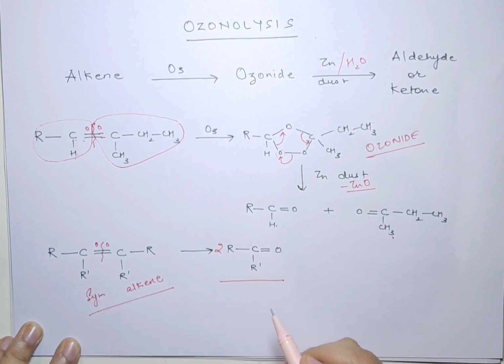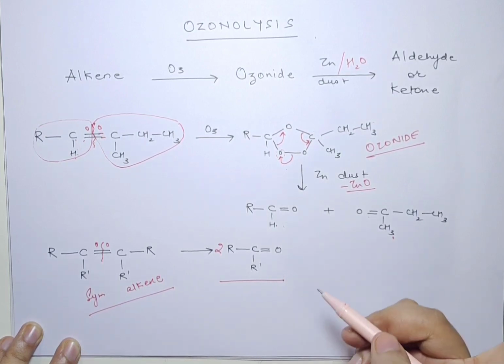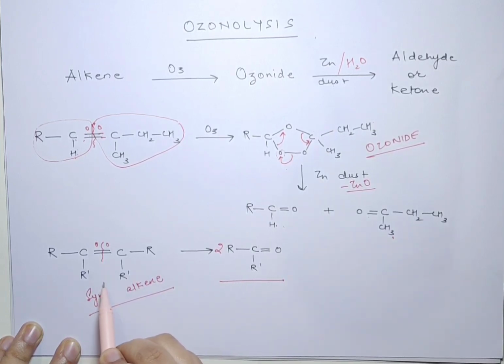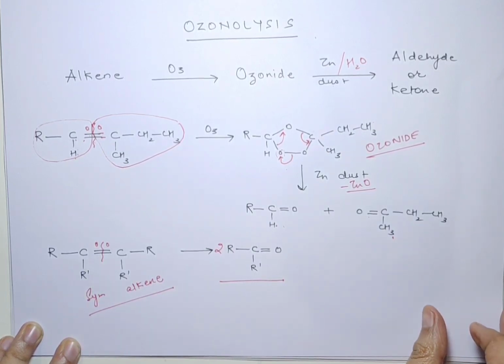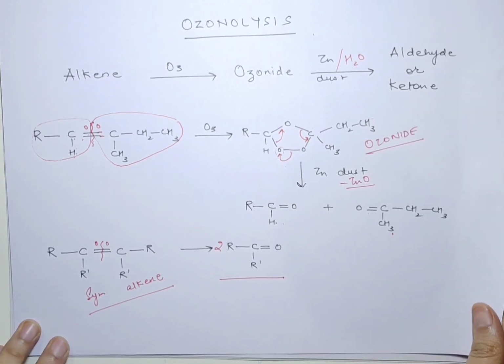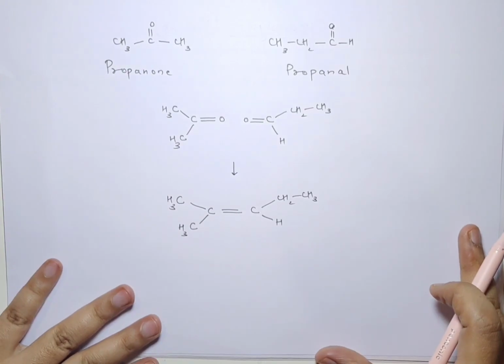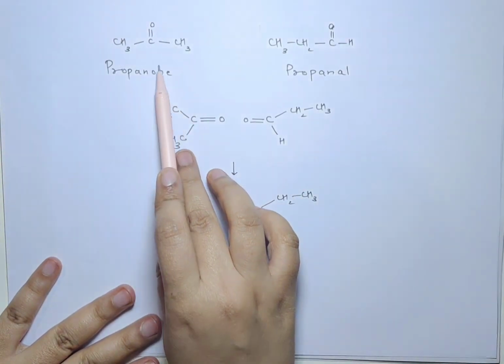So if in the question the hint is given that only one aldehyde or ketone is produced, then your alkene was a symmetrical alkene. Then at times you would also have to write the alkene from which the two products are formed.